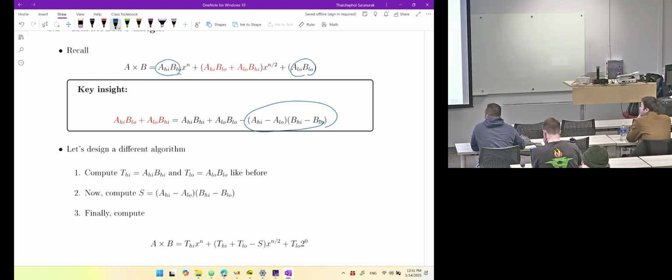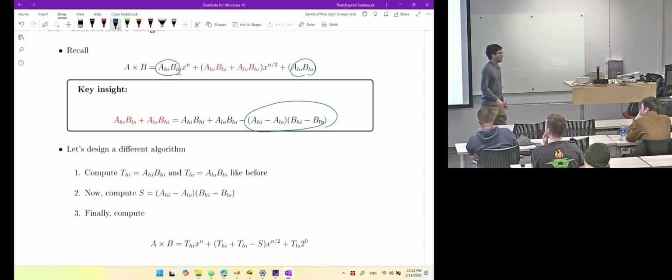Just do a subtraction, and a subtraction that takes n time is nothing, okay? And do the multiplication. So there are 3 multiplications you need to do, and then at the end, you can just return this thing, which is just addition, subtraction, and shifting, and that takes O(n), or order of n.